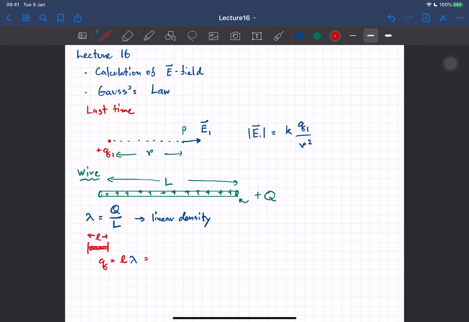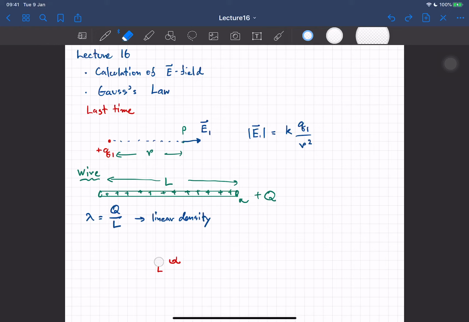So altogether, you're going to have small l divided by big L times Q. Right. So this is the charge contained in this small section of the wire. So we're going to use this to proceed with our calculation. This is the reason why I have to introduce this linear charge density, because it's a lot more convenient to deal with.